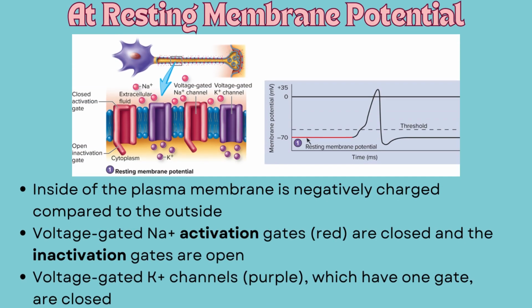When the neuron is at rest and exhibiting resting membrane potential, the inside of the neuron is negatively charged compared to the outside. The resting membrane potential of a neuron is negative 70 millivolts. Voltage-gated sodium channels, shown in red, have 2 gates: an inactivation gate and an activation gate.